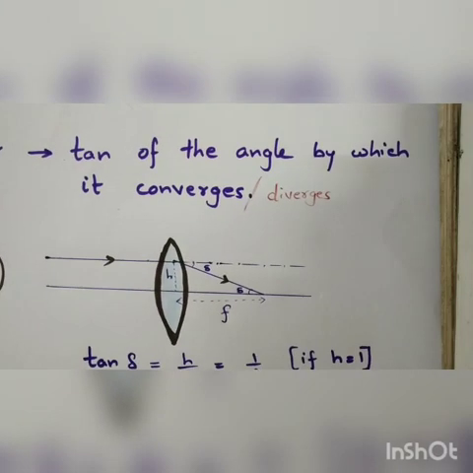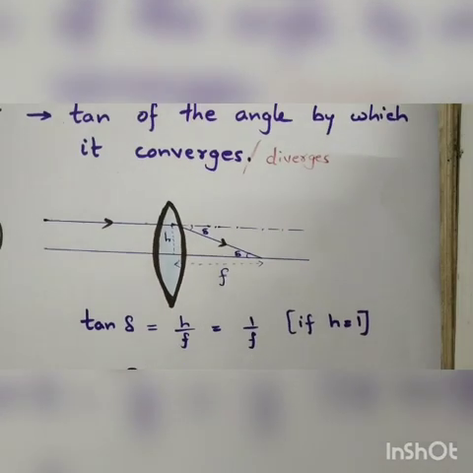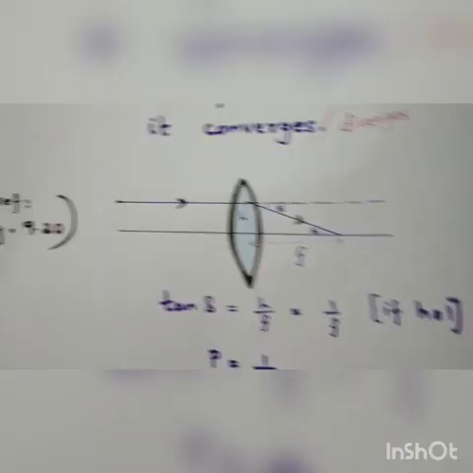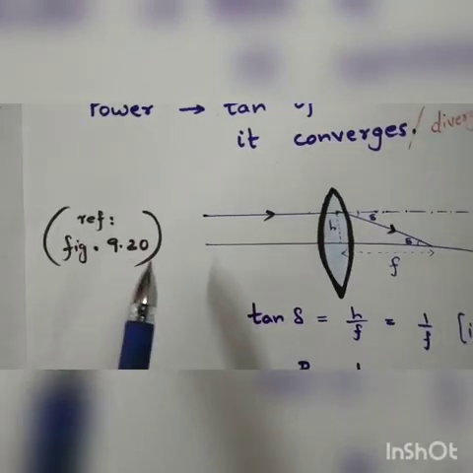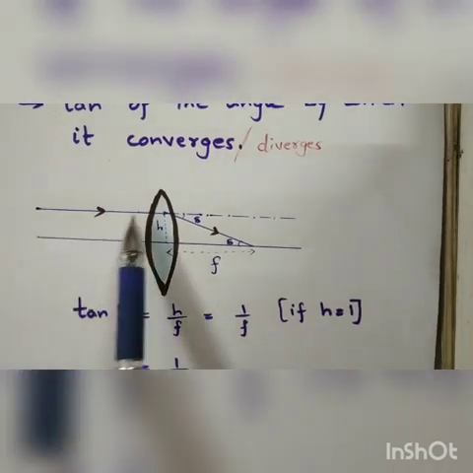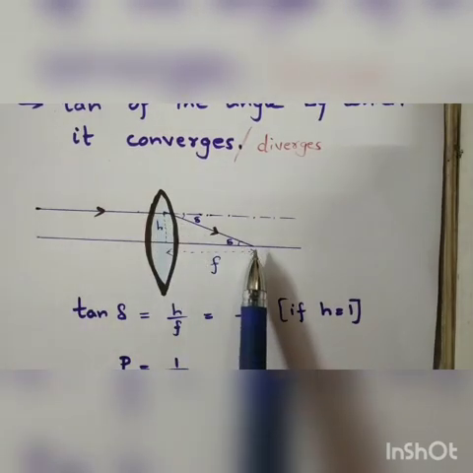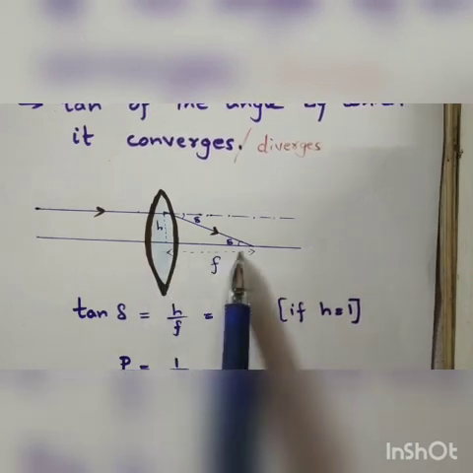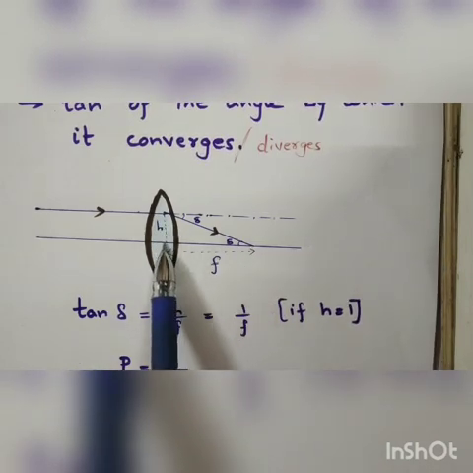Now there is a small derivation, for which refer to this figure. It is figure 9.20 in your textbook. In this figure you can see a ray of light meeting at a point. This is the focus, so this is the focal length. Let this height be h.